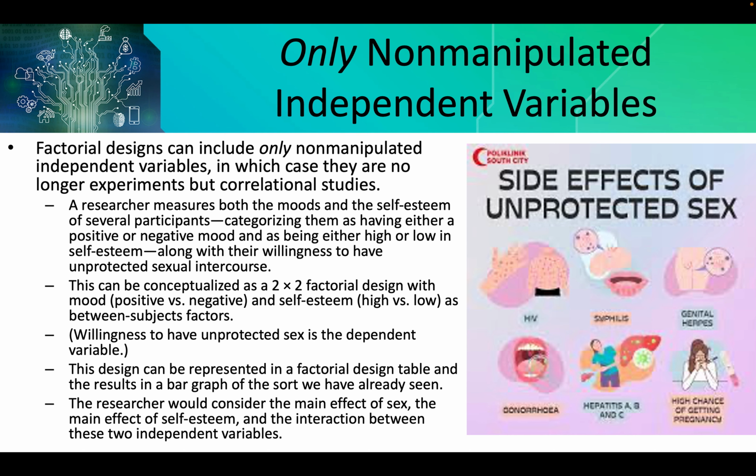This can be conceptualized as a 2x2 factorial design with mood, positive versus negative, and self-esteem, high versus low, as between subjects factors. Willingness to have unprotected sex is the dependent variable. This design can be represented in a factorial design table and the results in a bar graph of the sort that we have already seen.